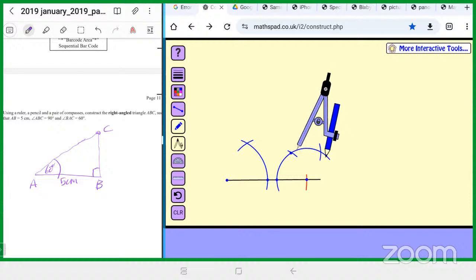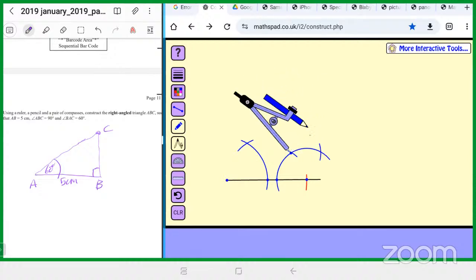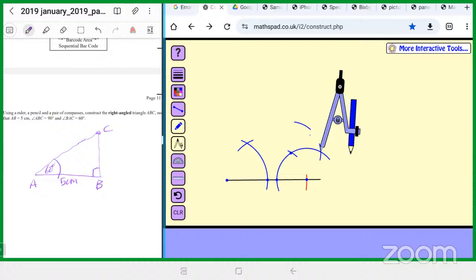So to bisect that now, I put the point here again, and I bisect it by putting an arc above it. Put the point over to the other arc down here, and I want to cross this one. So that is me bisecting the second 60.